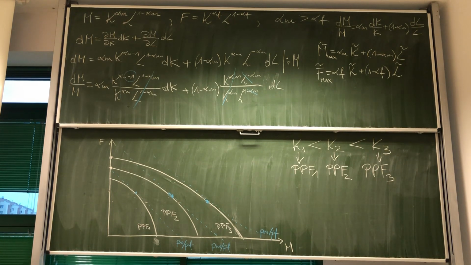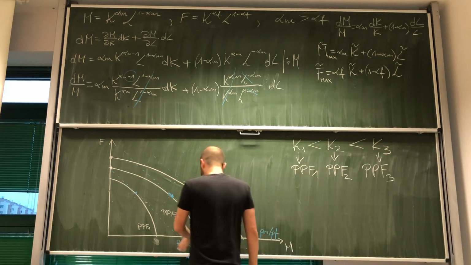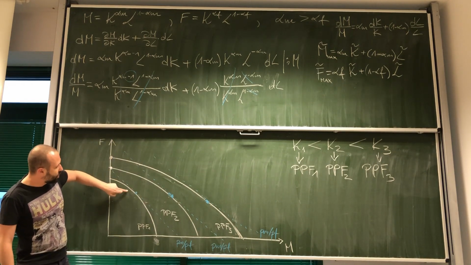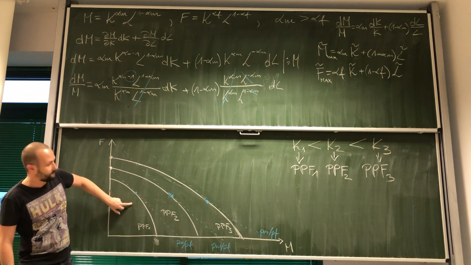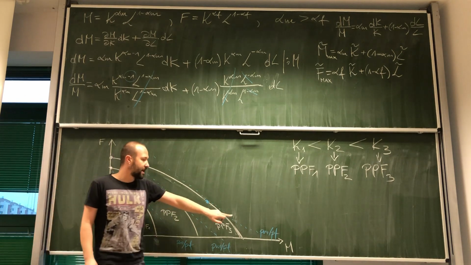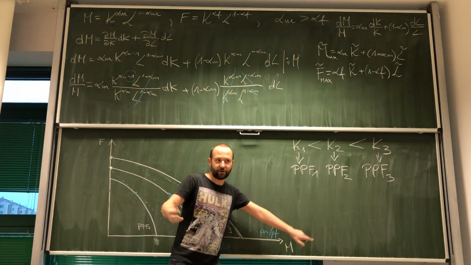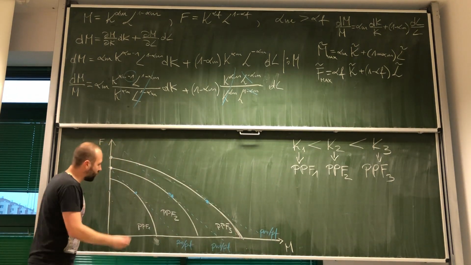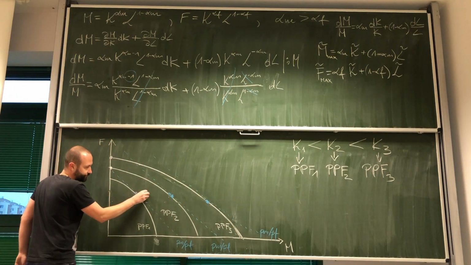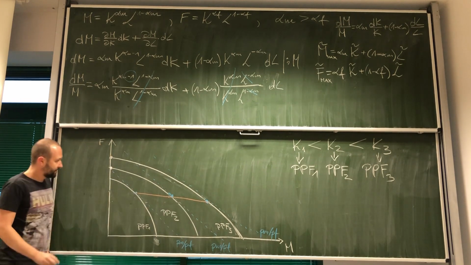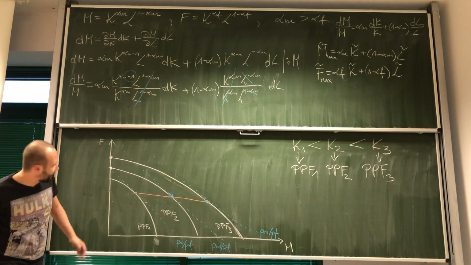Now, the interesting thing is that assuming the prices are constant, we would be getting a lower and lower level of food production and bigger and bigger level of manufacturers' production. If I would connect all those points with one line, it turns out that this line would be straight.